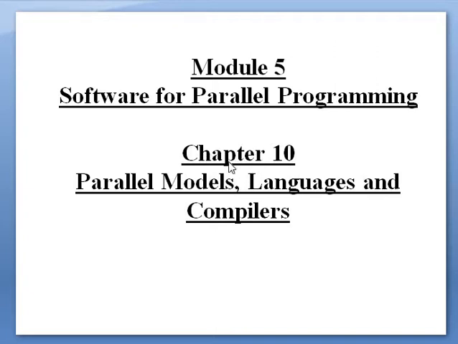First, chapter 10 is parallel models and parallel languages and compilers. Features of compilers you have studied in your compiler design subject. Languages and models we will study. Some part of this you have already studied in your object oriented modeling and design subject, so these are kind of repeated concepts.